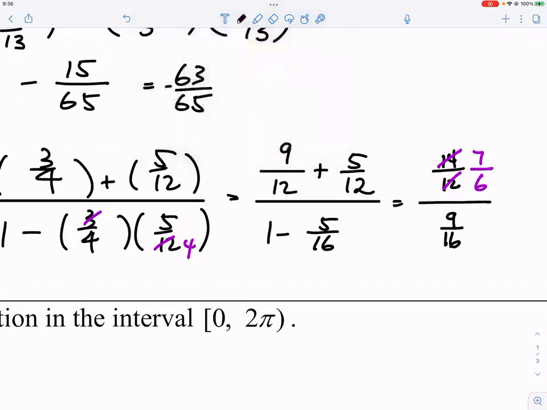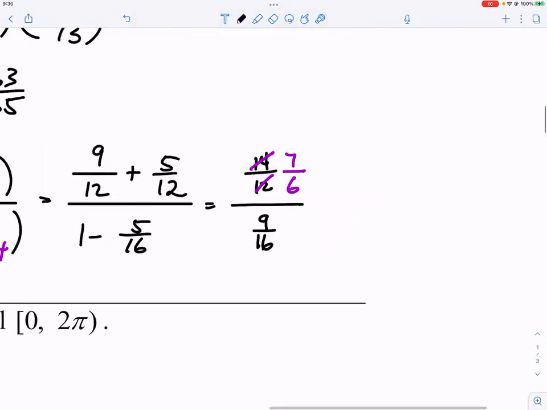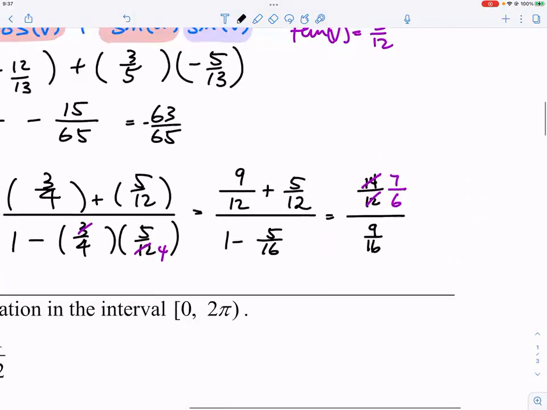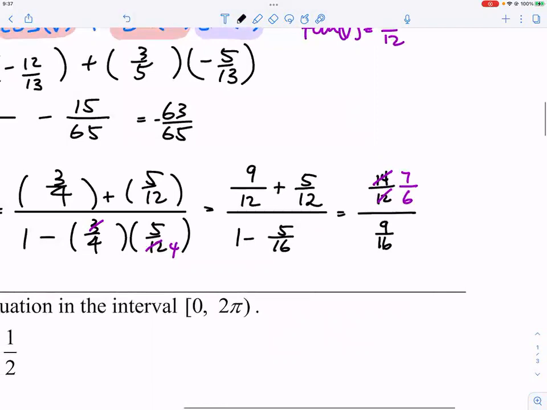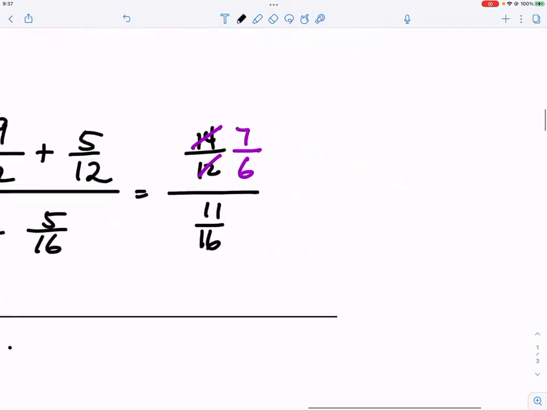So now, like I told you before, how do you handle this? It's just like what I told you before on how to handle a complex fraction. If you have a complex fraction, that means you have the top fraction divided by the bottom fraction.